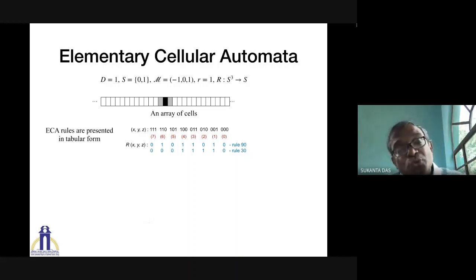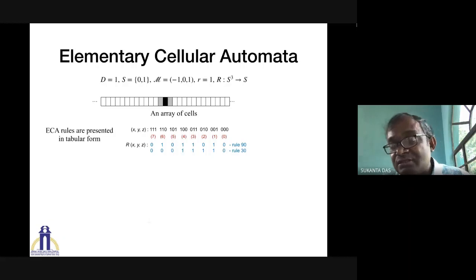Wolfram proposed to represent the rules in this fashion. Since the system is binary, and since it is a 3-neighborhood system, only x, y, z, so 3 values are there, it's possible to represent the rules in tabular format.